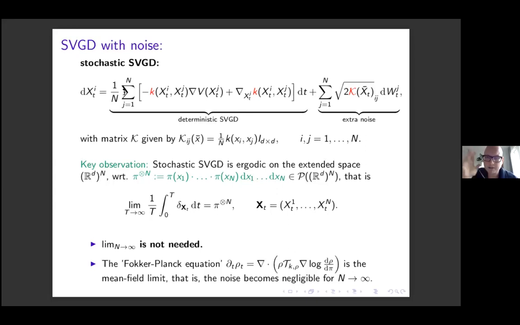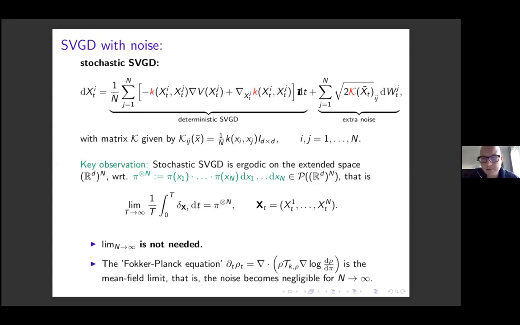And this is, of course, the idea behind this algorithm, that not every particle has to explore the whole space to find the target measure, but they can collaborate in such a way that one particle maybe goes to the right and the other particle goes to the left. So this was first taking n to infinity and then looking at t goes to infinity, right?